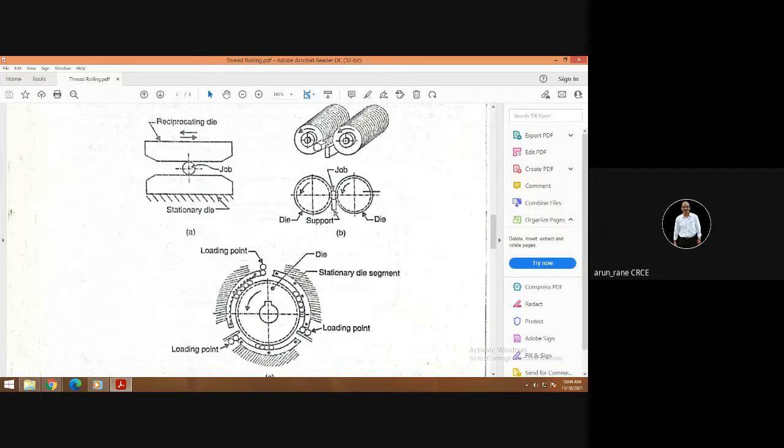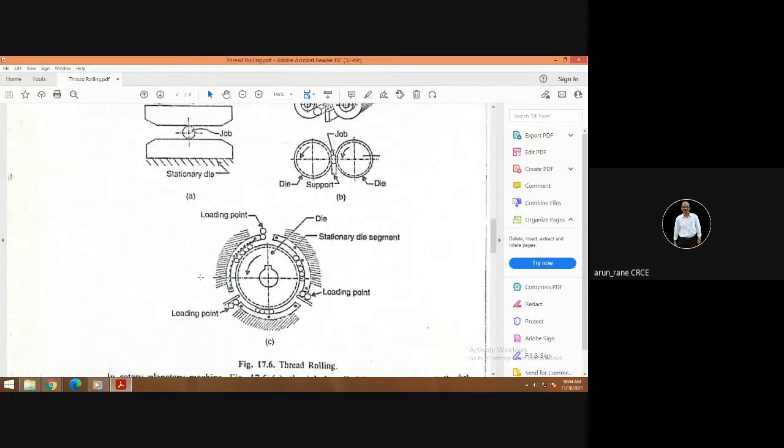This is your support, and this is your round job, and these are called the dies. So the dies are rotating. Suppose if this is rotating, say, anti-clockwise, this will rotate clockwise, and again this will rotate anti-clockwise. So these both the directions will be same.